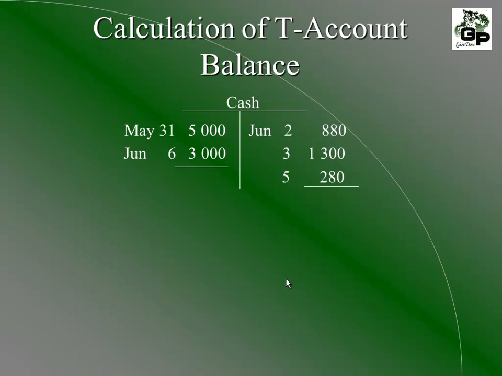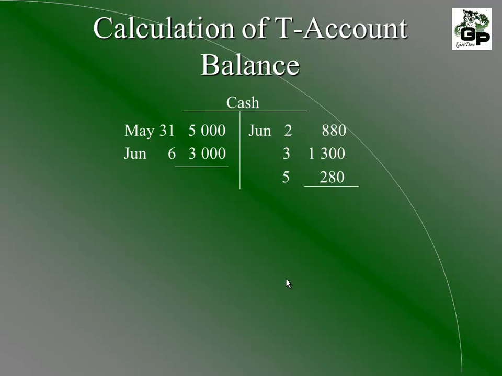Now we have to understand how to calculate balances at the end of an accounting period. During the accounting period, different transactions occur, and using double entry accounting, we enter these into the individual accounts. At the end of the accounting period, we have to determine the balance in each account.